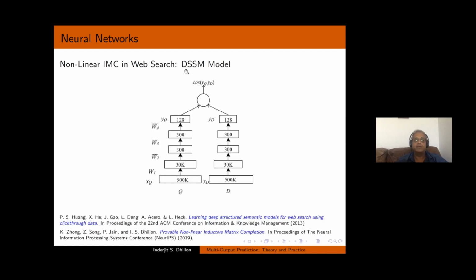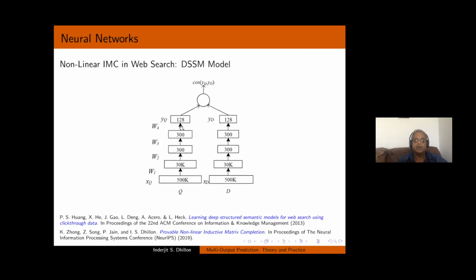It's called the DSSM model. If you look at it closely, it's actually nothing but a nonlinear inductive matrix completion method in the terminology that I've used. In this case, you can think of queries as the inputs, documents as the outputs.